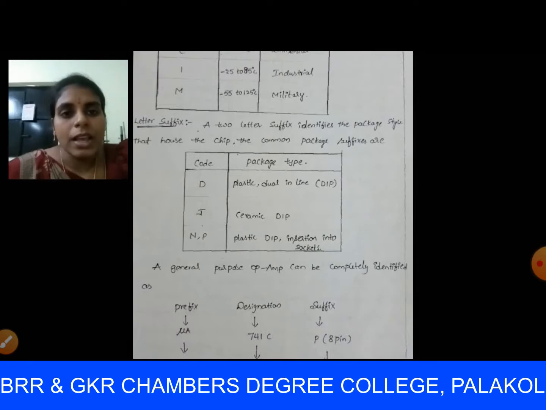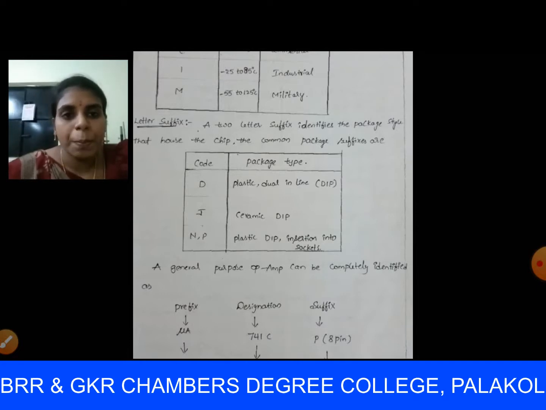D is for plastic and J is for ceramic dual inline package. N and P represent the plastic DIP for insertion into sockets, having long leads. This is the code and package type for the letter suffix. Finally, we have the example: μA741CP, 8 pin.